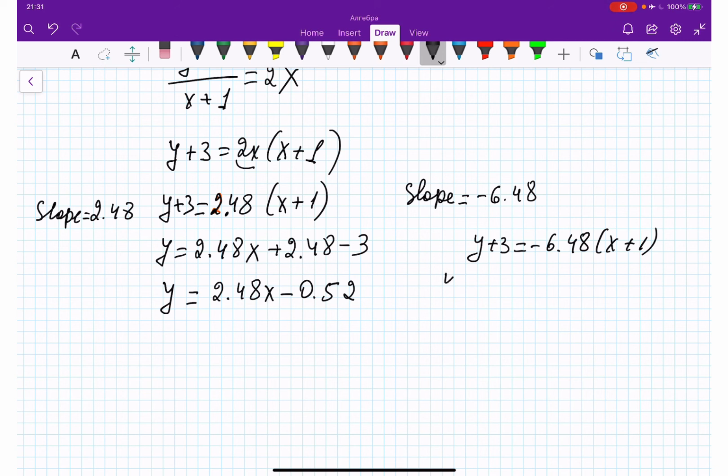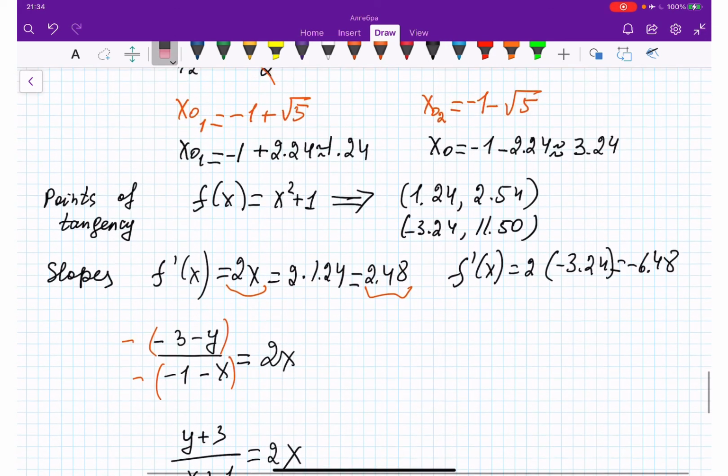So y is equal to negative 6.48x minus 6.48 and minus 3. So from here, y is equal to negative 6.48x minus 9.48. So what do we have? The equation is an equation of a decreasing line, right?